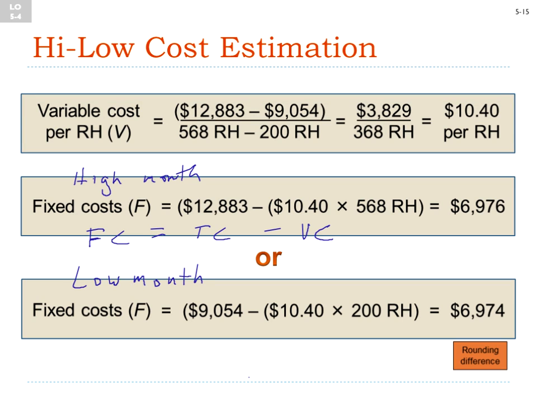Okay, so remember, total cost equals fixed cost plus variable cost. So all this is we're taking this formula and we're moving some of the numbers around, but the formula still works fine.